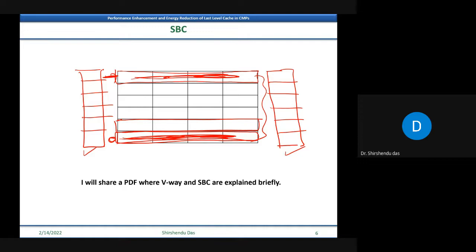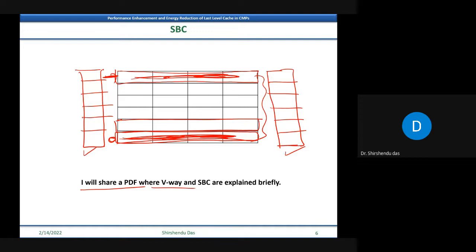Another problem of SBC is that it maintains many counters, and maintaining all these counters is also a hardware overhead. Okay, so I'm stopping the discussion of SBC here, because this paper is not important for your midsem yet.